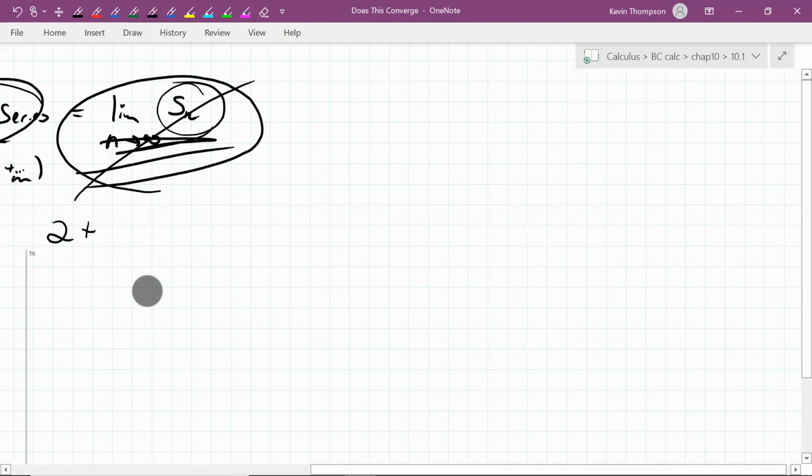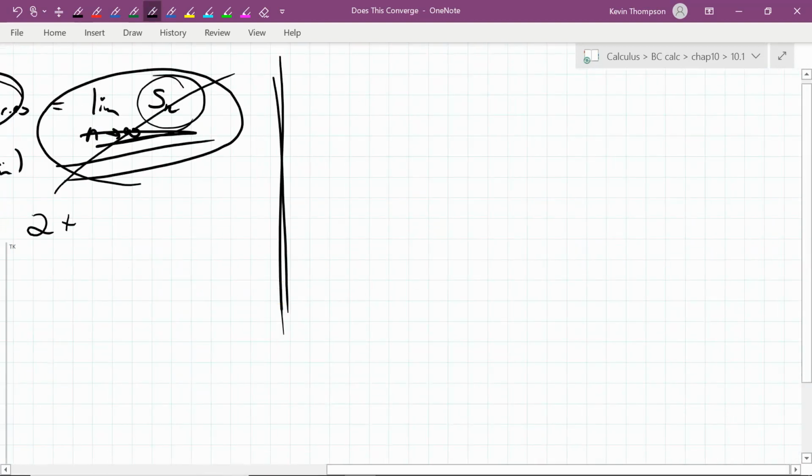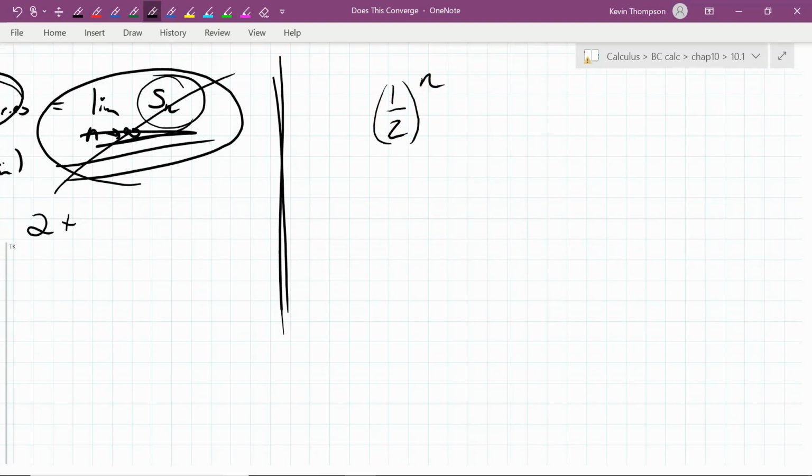I want to make a contrast here. I want to go back to one that we were sure converged and just see the difference here. So I want to start with this, 1/2 to the n. I'll come back to the other statement in a second if you need it. But it'll make sense, I think, if we compare it. So 1/2 to the n.